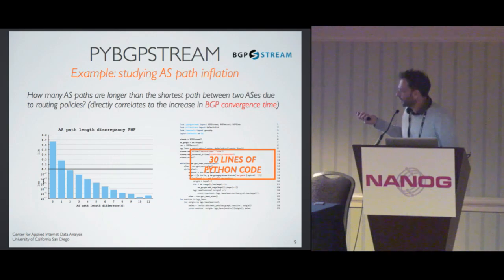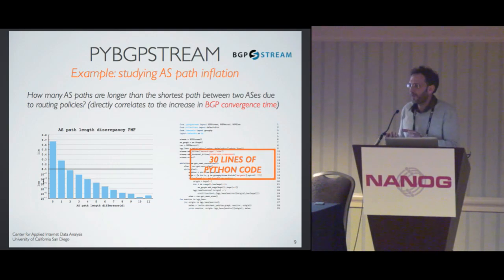This is an example that I use sometimes in presentations, but it's also on the website, I think. It's a way of showing how, with so few lines, you can actually study a complex problem such as AS path inflation. This script takes as input all the data from the RIB dumps of RouteViews and RIPE RIS collectors from, I think, one day, probably the 1st of August 2015.